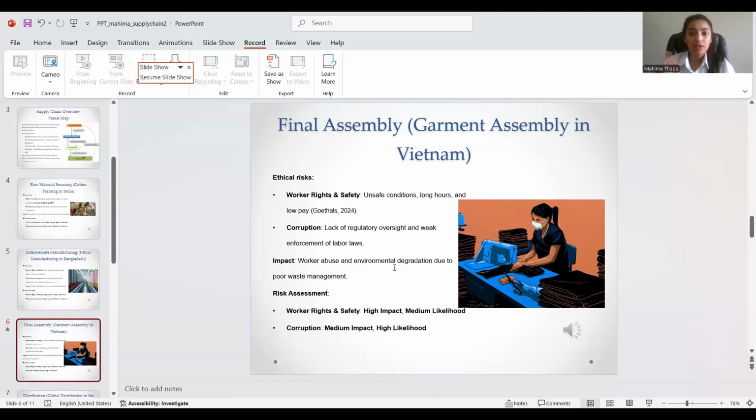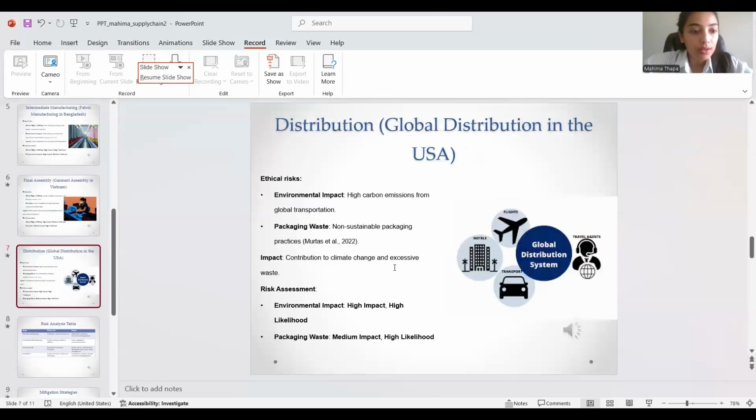Worker exploitation and illegal waste dumping can happen when oversight is very poor and unseen. This makes traceability harder and increases the risk of brand damage. These are moderate to high risks, I would say, especially in terms of fast fashion, where cost and speed are prioritized. So let's go to the next slide.